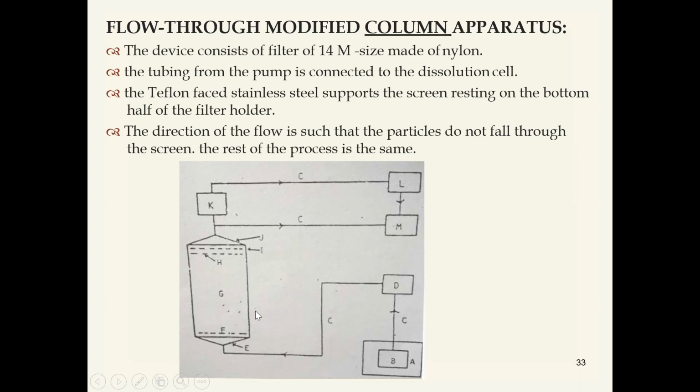The first one, A: where is A? Here. A is the solvent reservoir. B is the filter holder. Next C, here, here, here: these are all flexible tubings. Next, D is the pump.